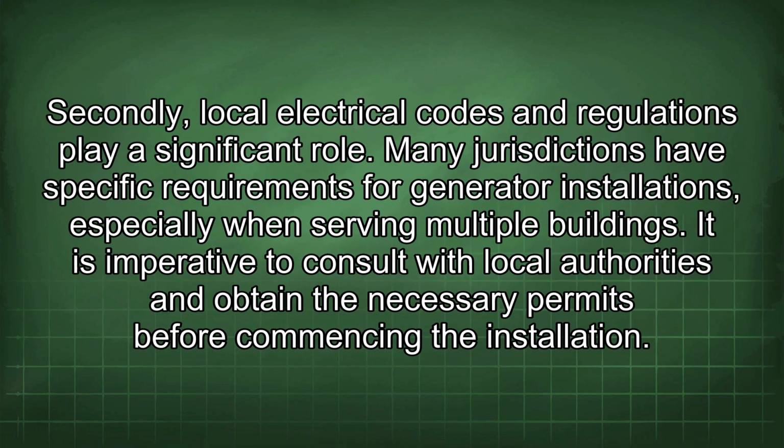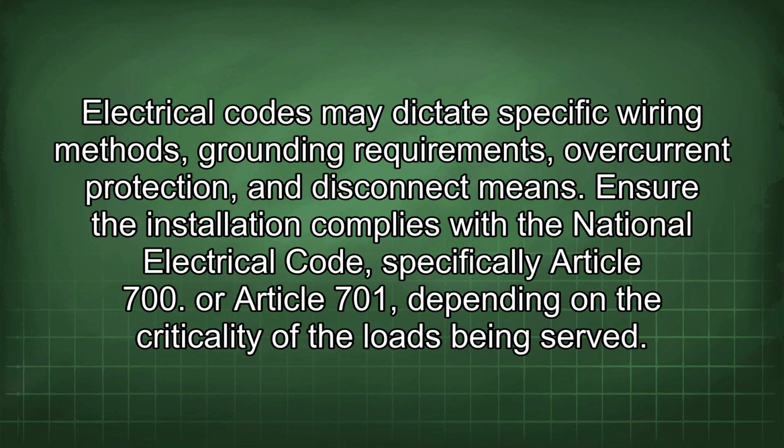Secondly, local electrical codes and regulations play a significant role. Many jurisdictions have specific requirements for generator installations, especially when serving multiple buildings. It is imperative to consult with local authorities and obtain the necessary permits before commencing the installation. Electrical codes may dictate specific wiring methods, grounding requirements, overcurrent protection, and disconnect means.